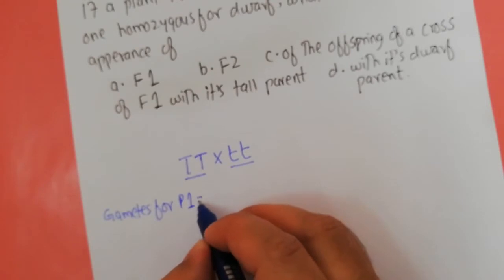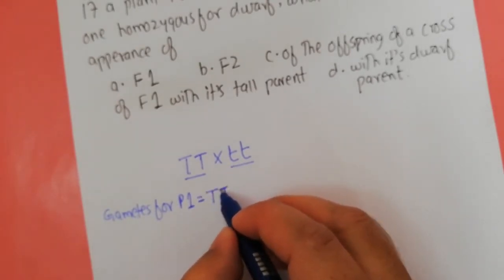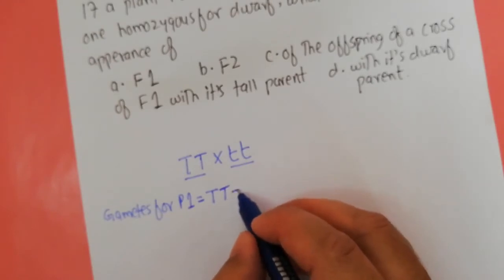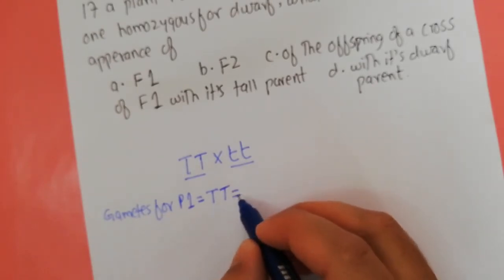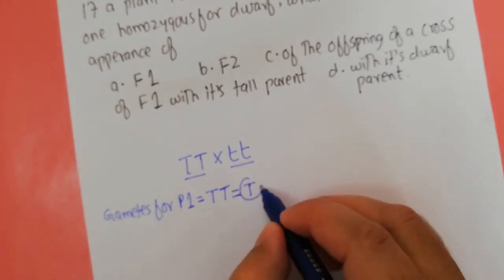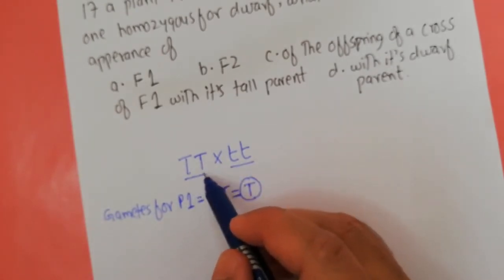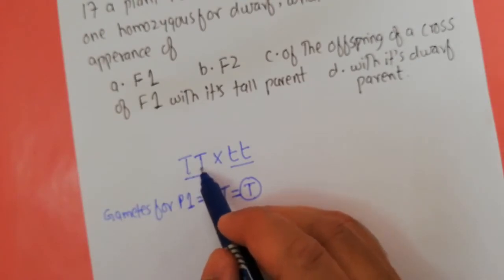If parent number 1 is capital T and capital T, as you can see, both alleles are identical to each other. So you can expect that this parent is going to produce only a single kind of gamete, represented by the capital T, because the law of segregation says that during gamete formation, the members of a gene pair get separated from each other.